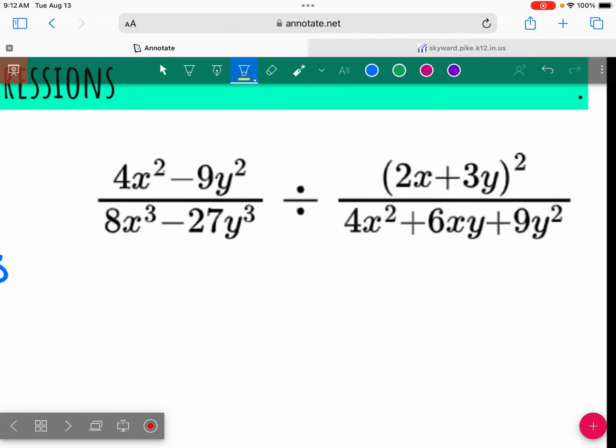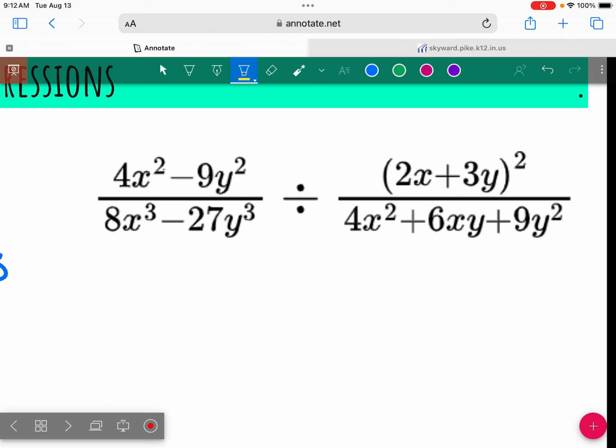All right. One more of the division, and then we will walk away from it for a while. I know, they're beasts. And this one is beastie. I'm going to give you guys a second to write it down.